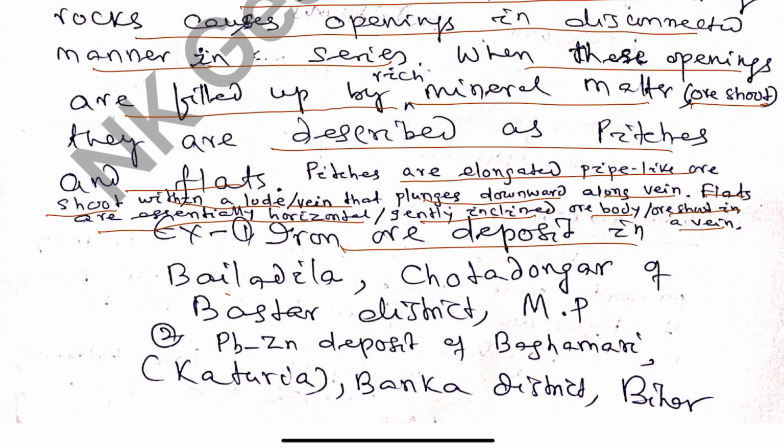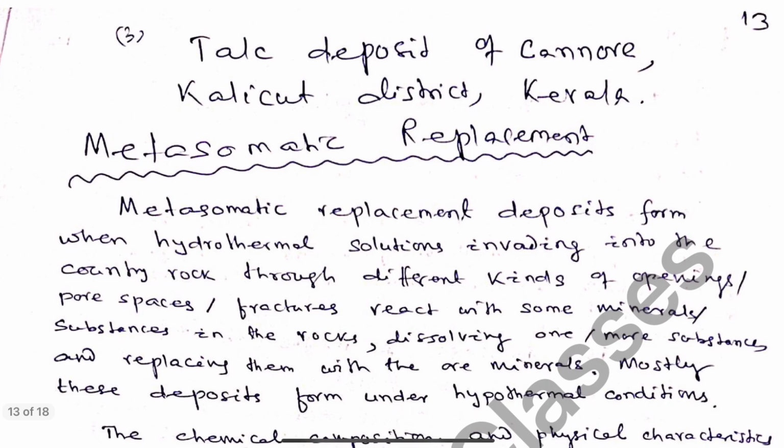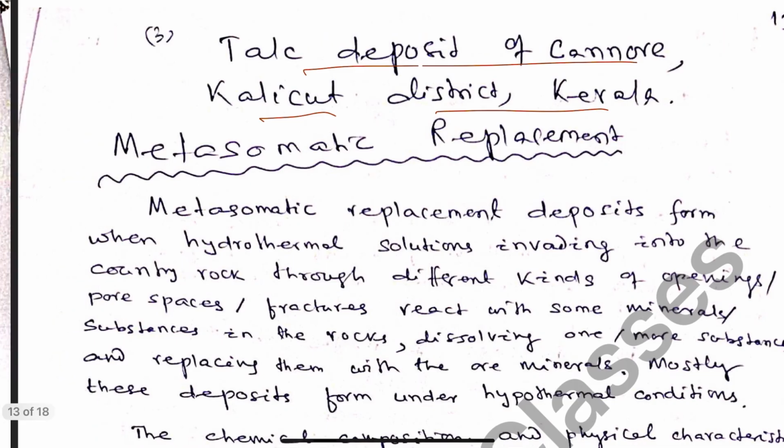The iron ore deposit in Boiladila, Chotnagpur of Bastar district, MP, lead zinc deposit of Baghamari in Banka district of Bihar, place is Katuria, and the talc deposit of Kannur, Calicut district, Kerala.